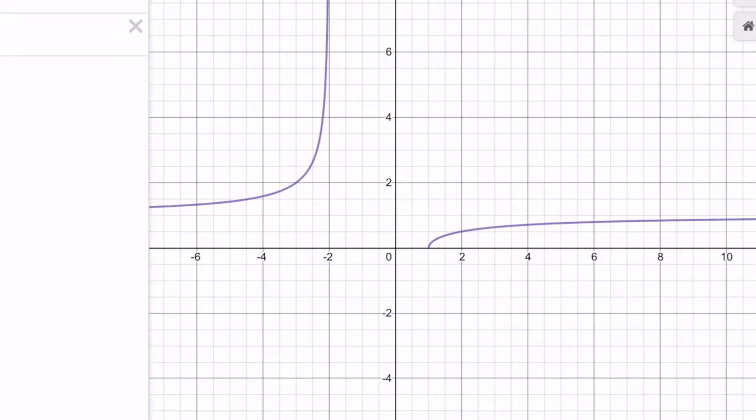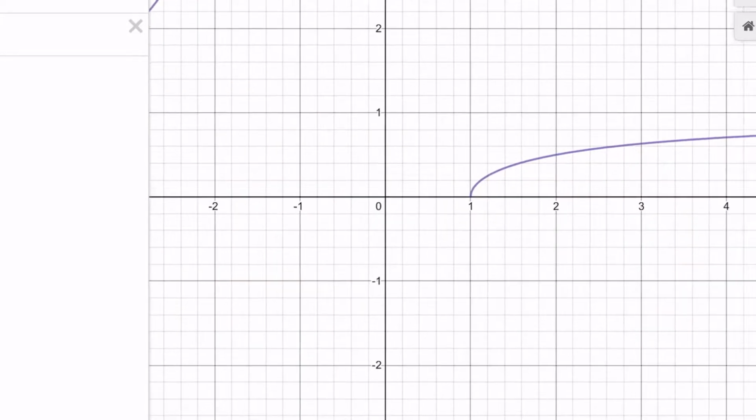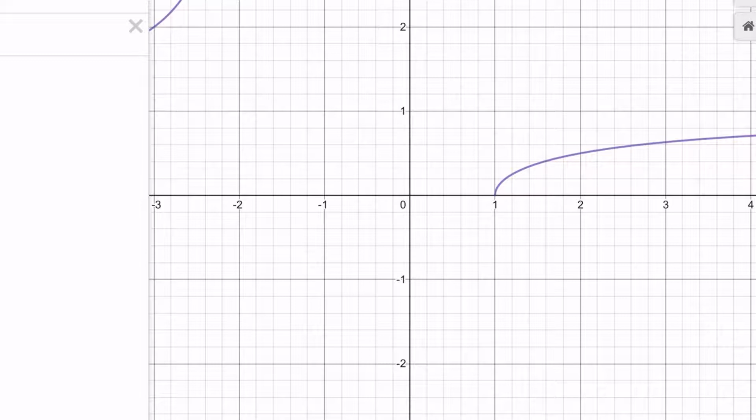This is how the graph of the function looks. And you say that, oh, the limit from the right is actually 0, isn't it? But what about from the left? We have nothing.